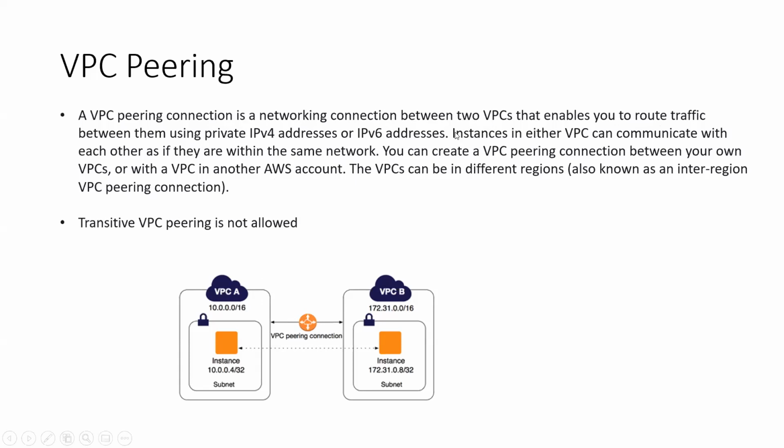The exact same statement applies to your question, Uma; the same behavior happens with Direct Connect. You can create a VPC peering connection between your own VPCs or with a VPC in another AWS account. The VPCs can be in different regions, also called inter-region VPC peering.